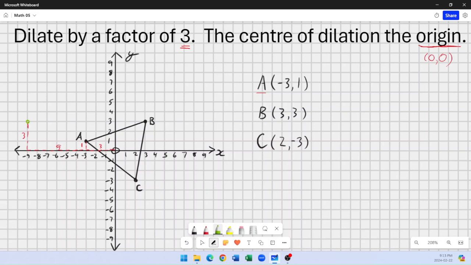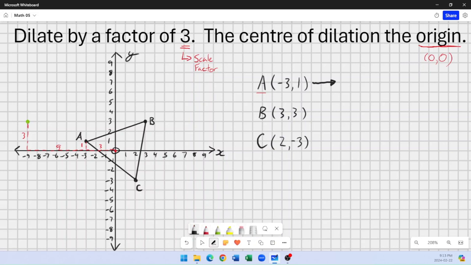Another way that we can do this is we can look at the distances from the center of dilation. Keep in mind that the center of dilation is the origin. I'm just going to highlight the origin so you know where the center is. What we can do is multiply the coordinates by our dilation amount. In this case, the 3 is what we call a scale factor. A scale factor just says multiply everything by that amount.